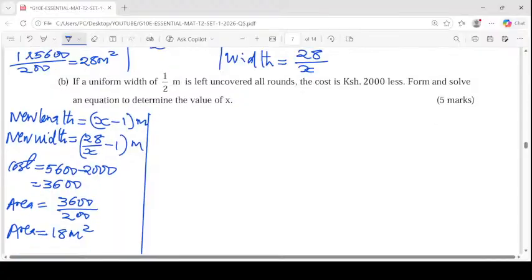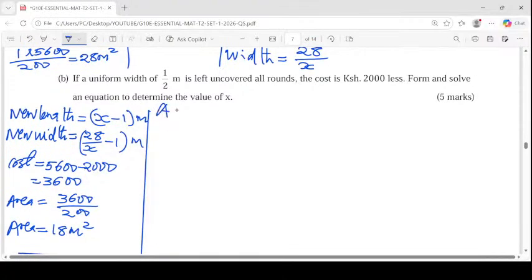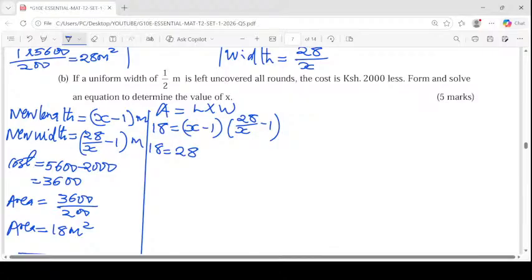So I know that the area of a rectangle is given by length multiplied by the width. So the area 18 is given by the length, which is x minus 1, times the width, which is 28 over x minus 1. So this becomes 18 is equal to x times 28 over x, this becomes 28. x times negative 1, that becomes minus x. 28 over x times negative 1, this becomes minus 28 over x.